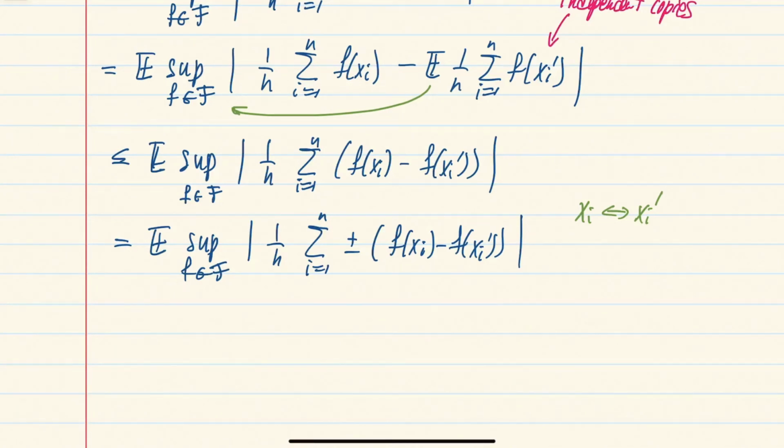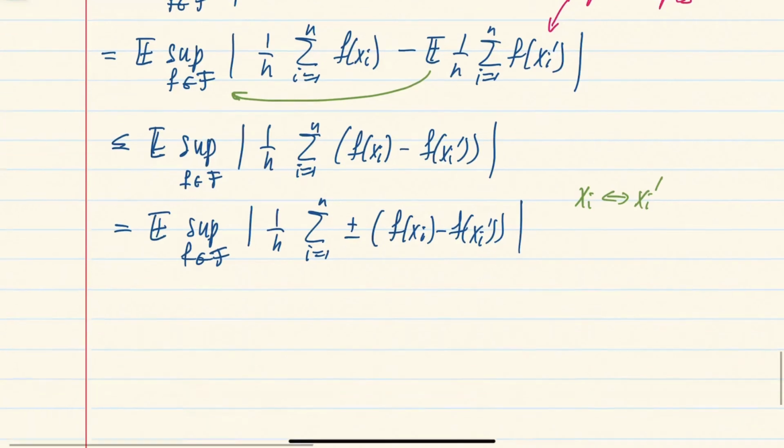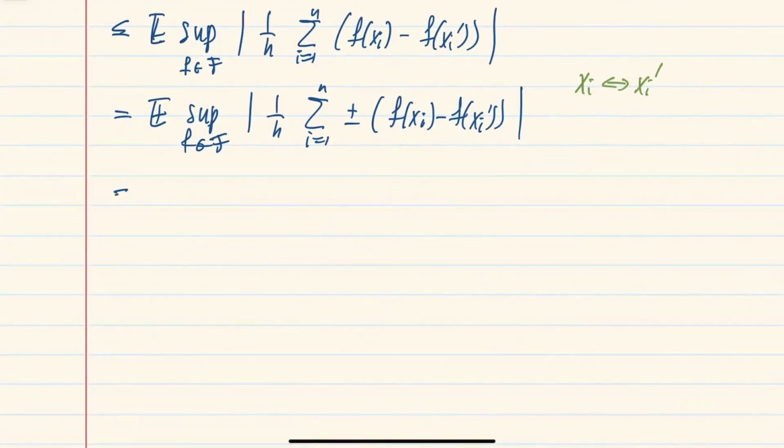And because this is true for any signs, you can put random signs and average over them. Right? So this will be equal to the expectation over epsilon, where epsilon are some random plus or minus signs in the above expression.